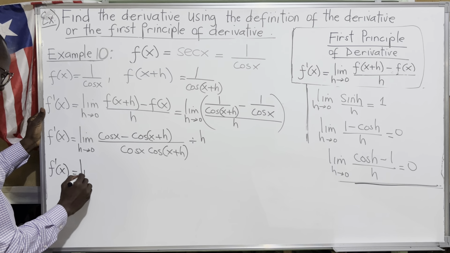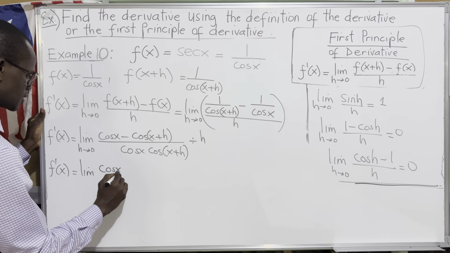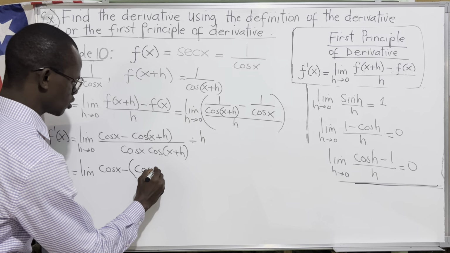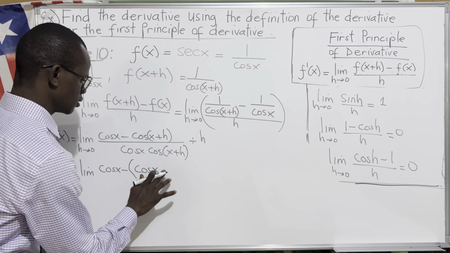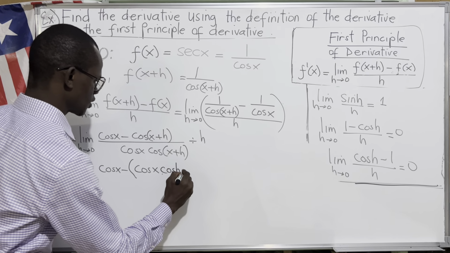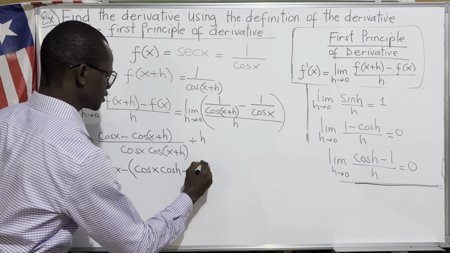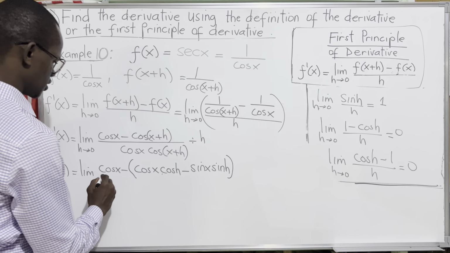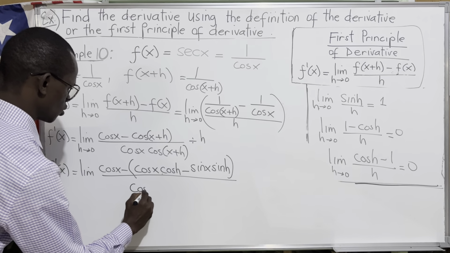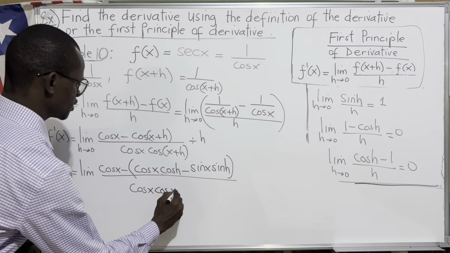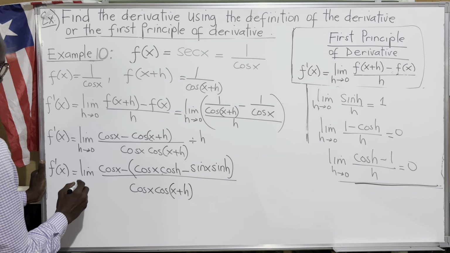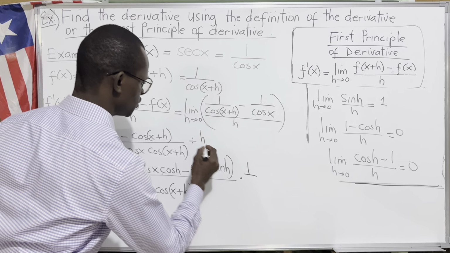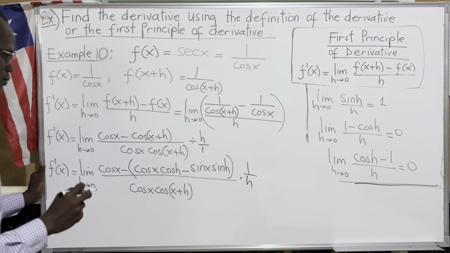F prime of x is equal to the limit of cos of x minus. So we expand it. Cosine of a sum: cos of x cos of h, minus sine of x sine of h. That's the expression, all divided by cos of x plus h, as h approaches 0. So the division sign, we can change it to multiplication and reciprocate this one, which is 1 over h.